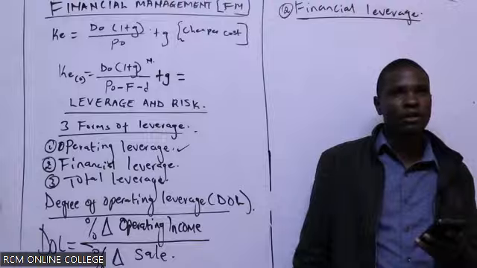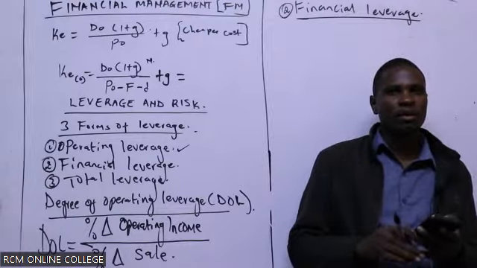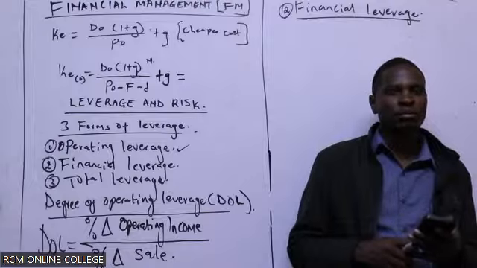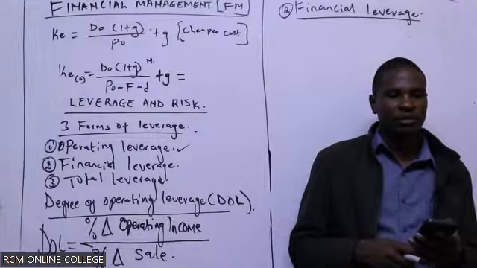So you choose a project with the aim of making sure that the shareholders' wealth is maximized. Remember, the objective of every business is to maximize what? The shareholders' wealth.